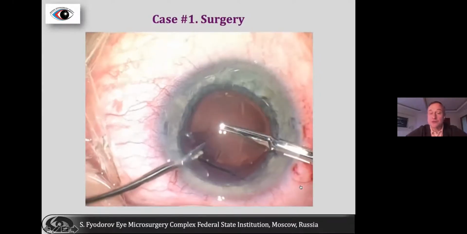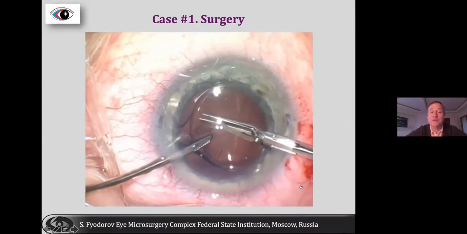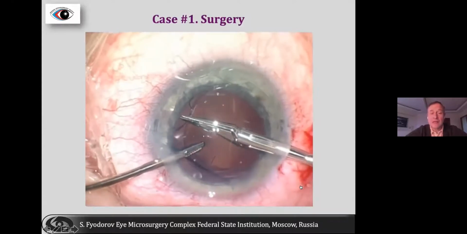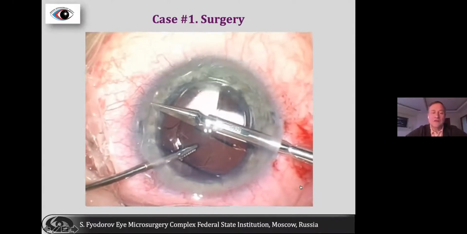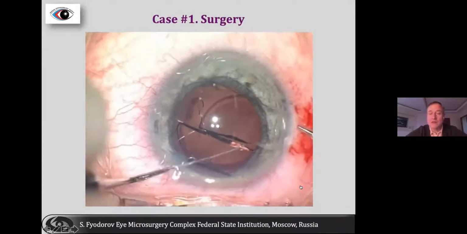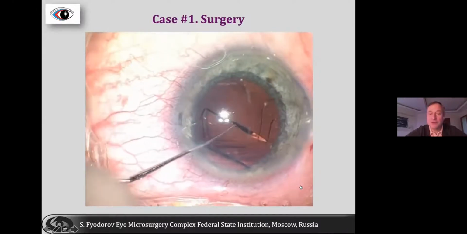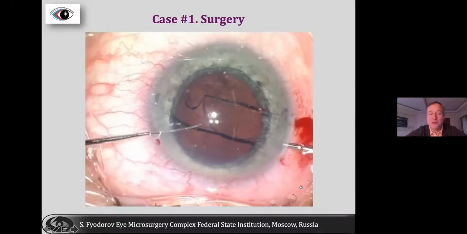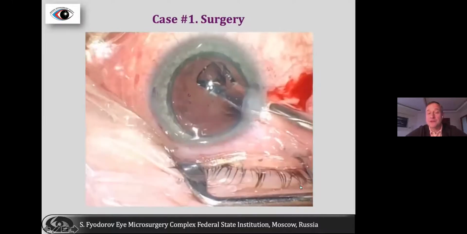So that's why it was not reasonable to keep that type of lens, which is single piece, without haptical elements, or the haptical elements are not really designed for another type of fixation rather than in the capsular bag. So we cut the lens into two pieces, and the lens was removed from the eye with the help of the forceps.